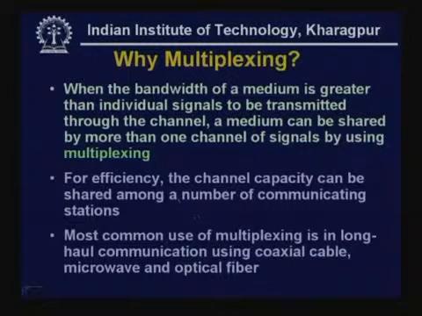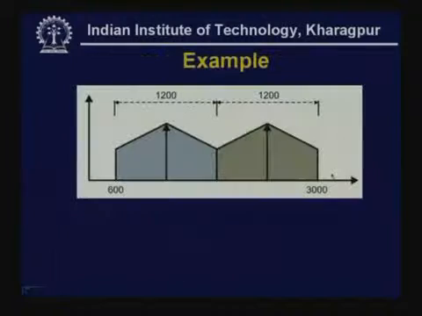That means, we have to utilize the channel capacity fully, and for that purpose multiplexing can be done. And as you know, the most common use of multiplexing is in long haul communication using coaxial cable, microwave, and optical fiber. For long distance communication, normally we use optical fiber, or terrestrial microwave or satellite microwave, and all these transmission media have high bandwidth, and these are to be shared by using multiplexing.